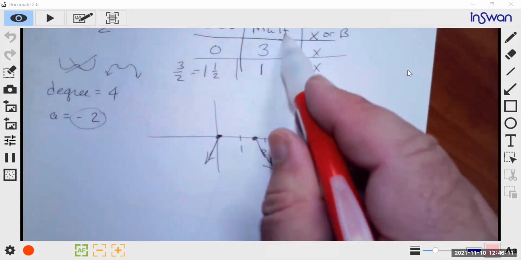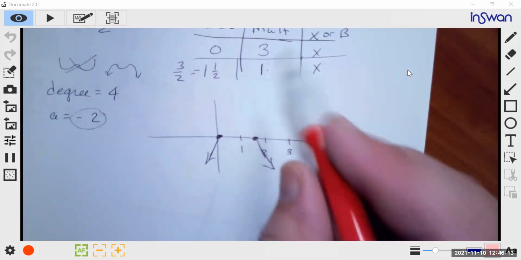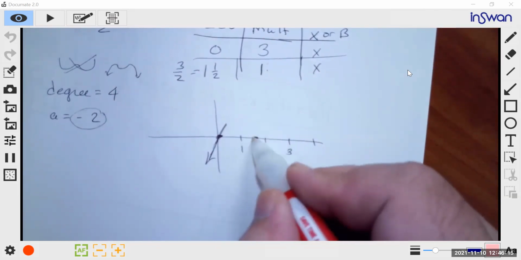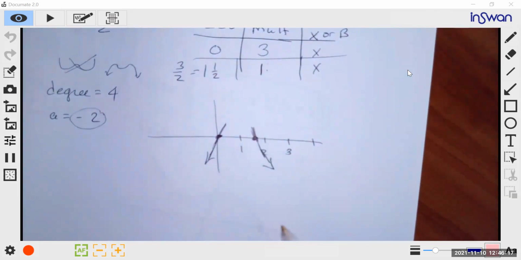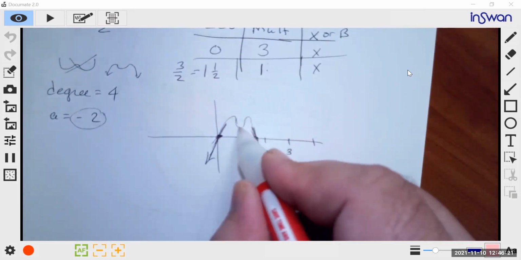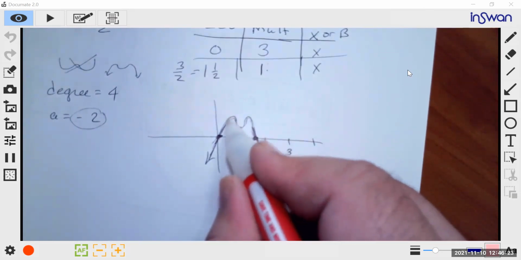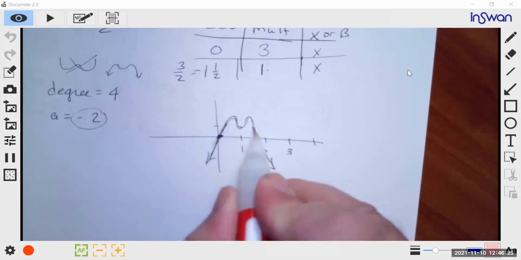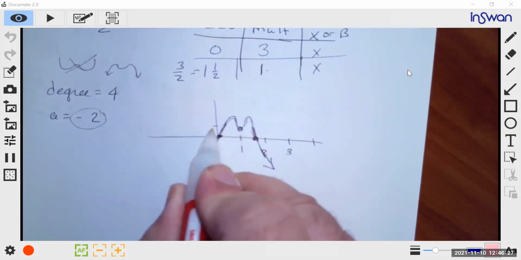And since the multiplicities are odd, the graph crosses the x-axis. It looks something like this, where if we plug in 1, we get positive 1.